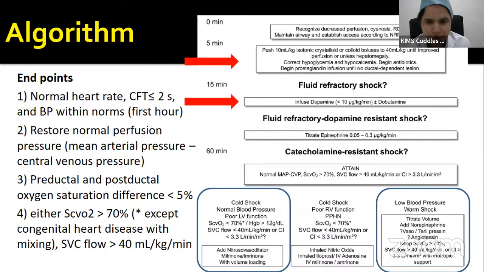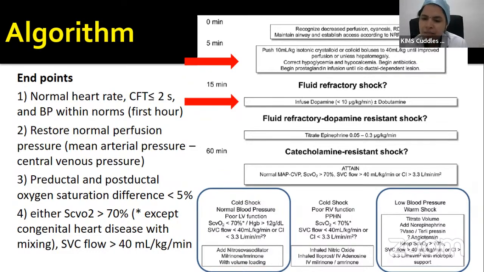So in typical cold shock, the baby could have normal blood pressure with poor LV function, poor myocardial function. Here, the preferred drugs would be inodilators like milrinone or dobutamine. And in cases where, despite this, the systemic vascular resistance is very, very poor, one could even consider adding a nitrovasodilator like sodium nitroprusside with volume loading.